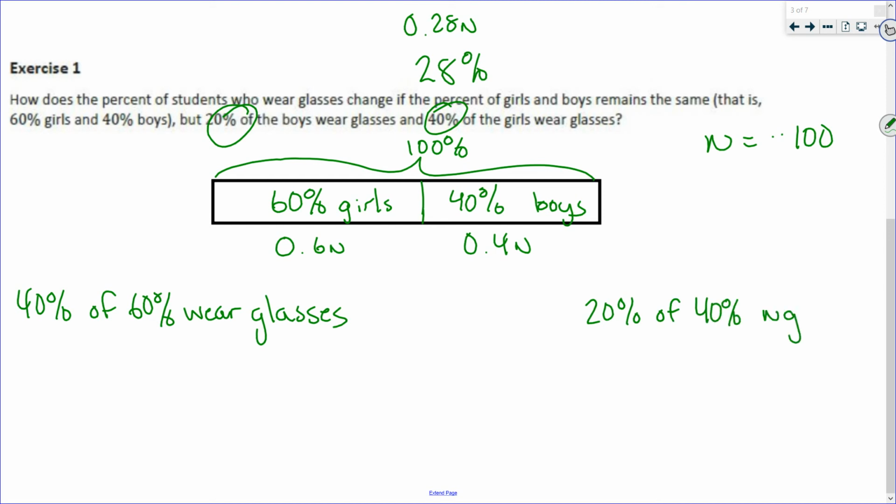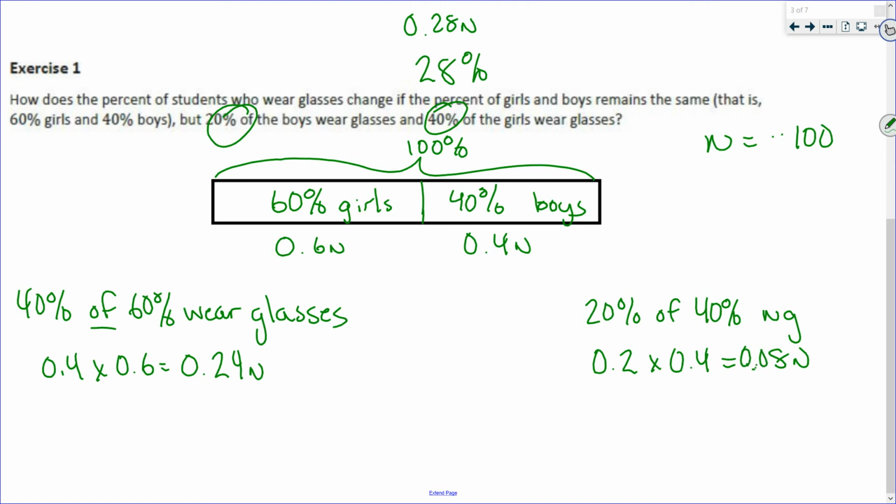So this becomes, like I said, a multiplication problem again. So 0.4 times 0.6 gives me 0.24n. Okay, and then we got 0.2 times 0.4 equals 0.8n. I'm sorry. Oh, my bad. I made a mistake. Let's change this real quick. 0.08n.